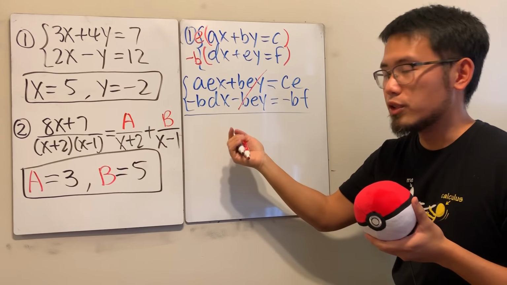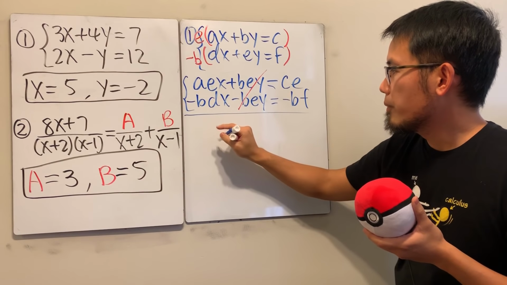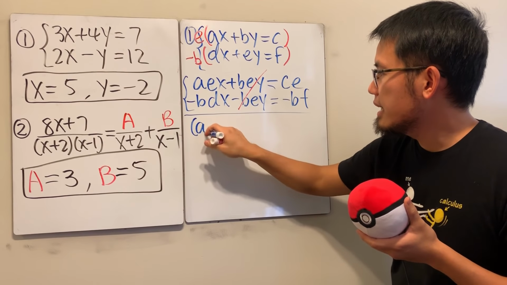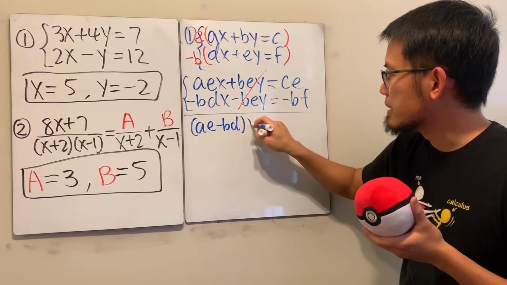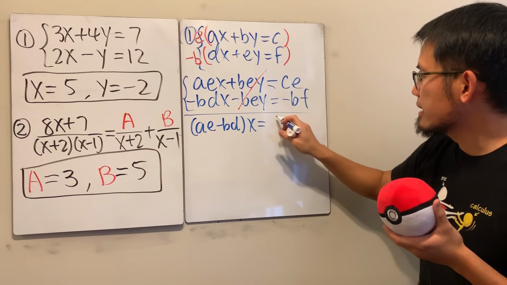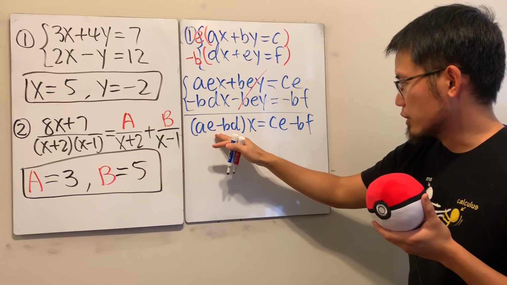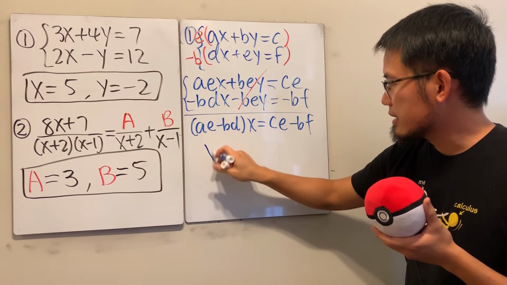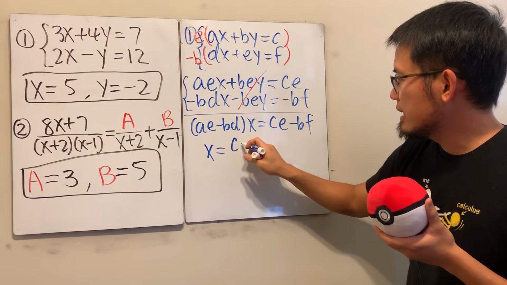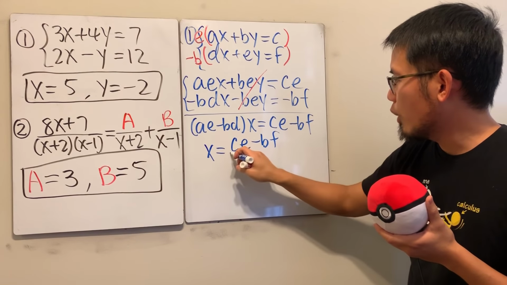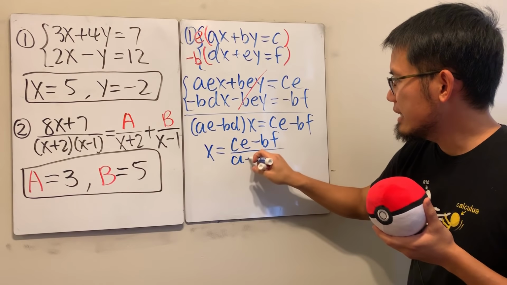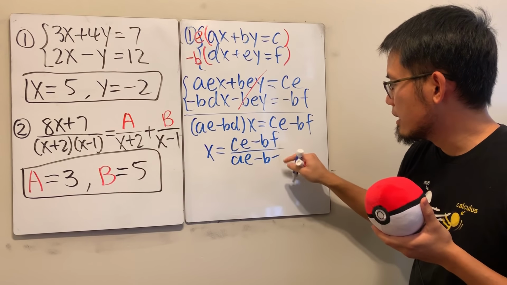We can put the coefficients together, and we have (ae minus bd) times x, and that's equal to ce minus bf. Of course, we can divide on both sides, and you see x is equal to (ce minus bf) over (ae minus bd), like this.